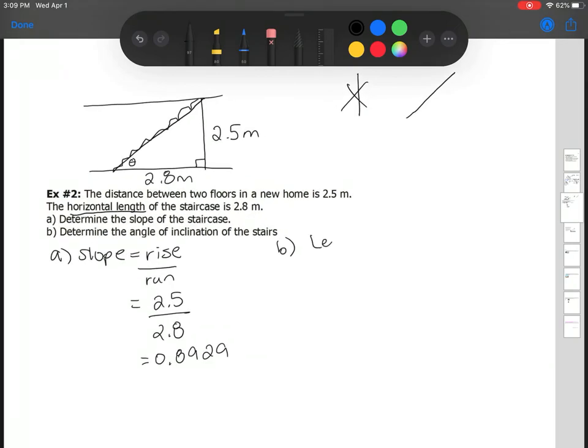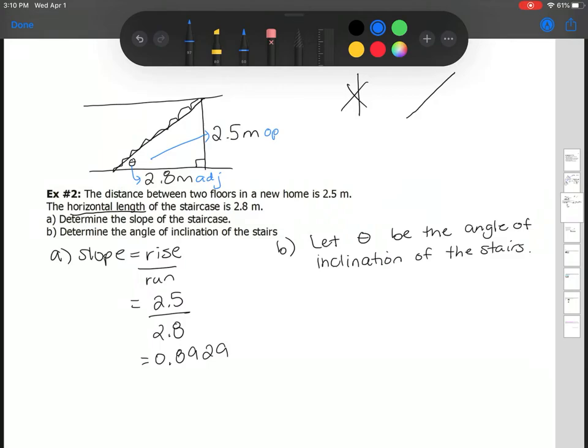I use the symbol theta. And if we label the triangle, so if we're going to use this theta, then this side is adjacent and this side is opposite. So we have opposite, we have adjacent, which means we're going to use tan.